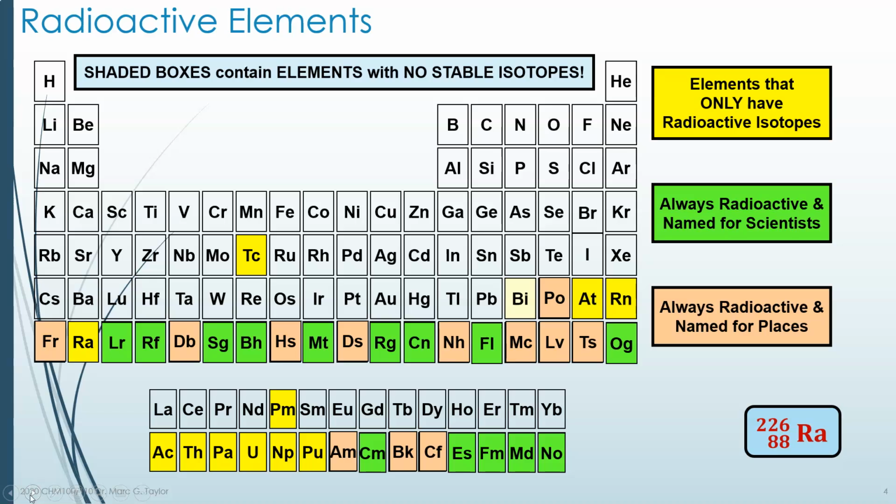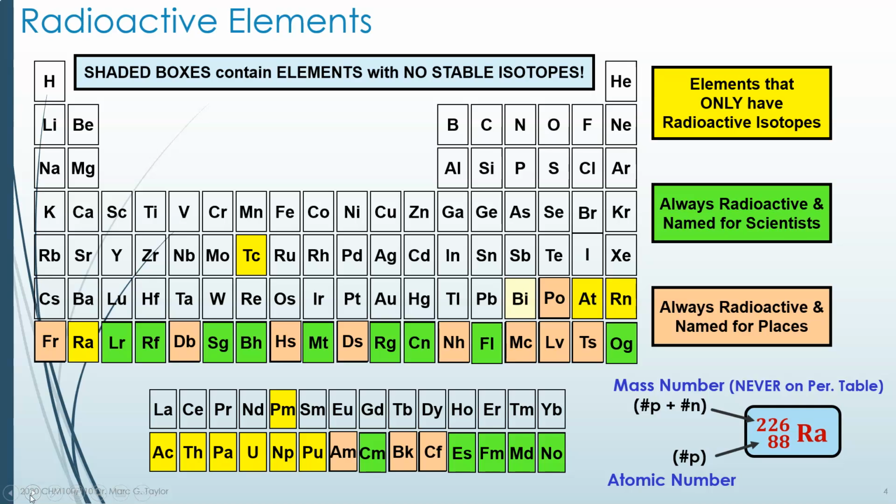And just to remind you, whenever we're talking about radioactive elements, we usually associate one or two numbers with that isotope. The top number is the mass number, and the bottom number is the atomic number. These are whole numbers. The atomic number is just the number of protons, and that's how we organize the periodic table. The mass number is different for every isotope, for every nuclide.